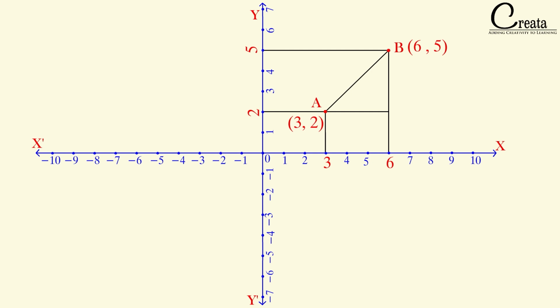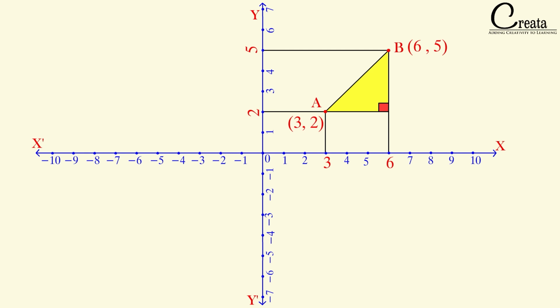Are you able to observe this is a triangle? This line is perpendicular to the y-axis and this line is perpendicular to the x-axis, meaning this angle will be a 90-degree angle. It means this triangle is a right angle triangle. Got it? Being a right angle triangle, we can apply the Pythagoras theorem.